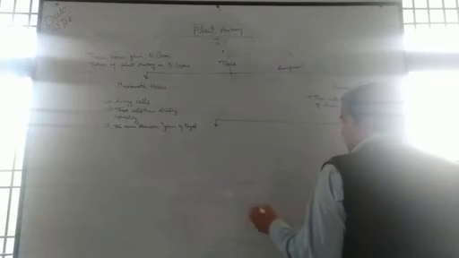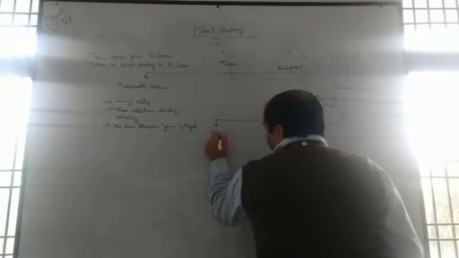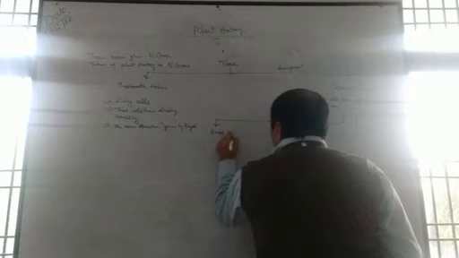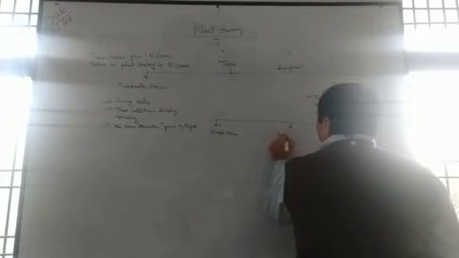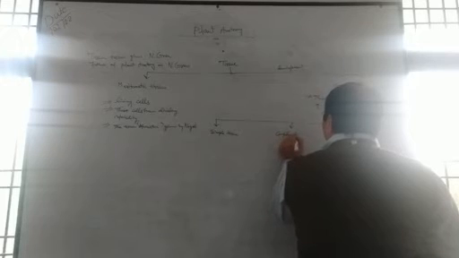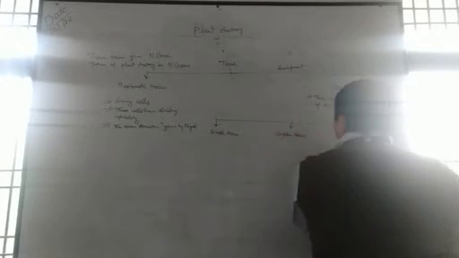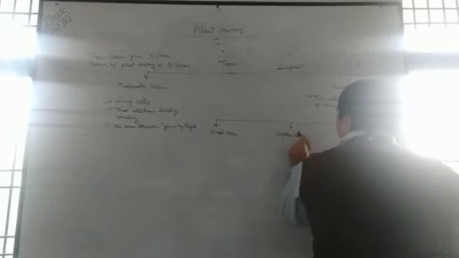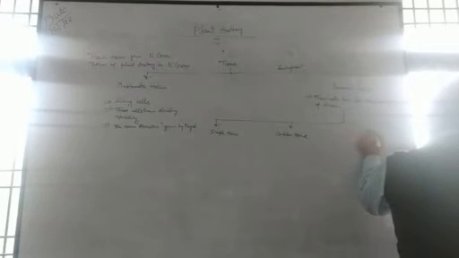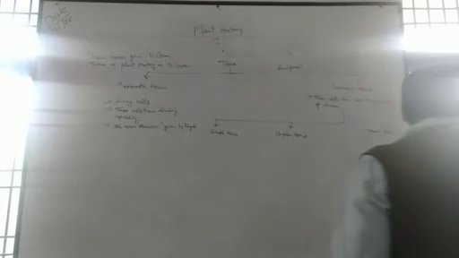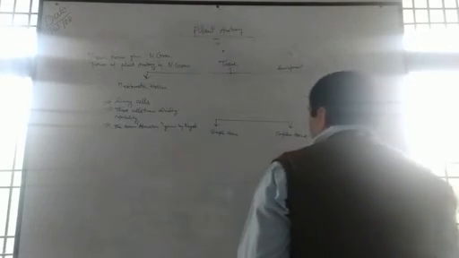Number one, simple tissue. Number two, complex tissue. And number three, special tissue.